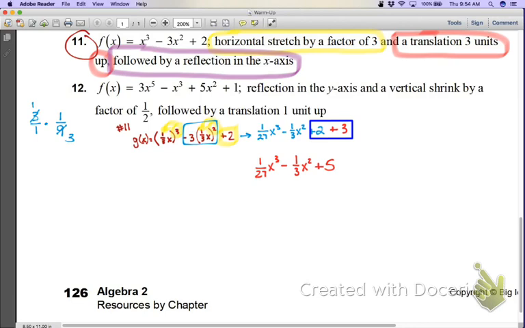So since I'm taking it over, I'm going to take this whole thing and put a negative out in front, and I'm just going to distribute it to every single sign. So that means that g of x, my new function, is going to be negative 1/27 x to the third plus 1/3 x squared minus 5.